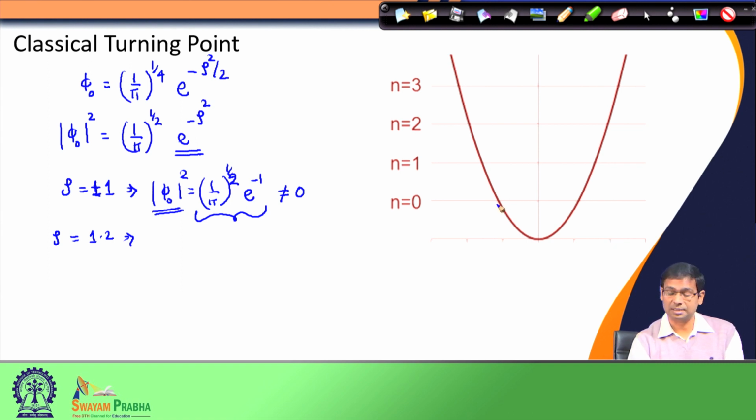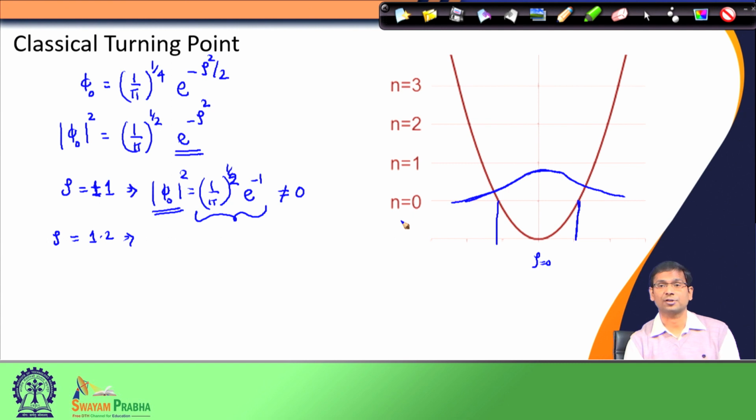So, how does the system achieve this? These are the two turning points. If I plot the wave function or the square of it, it should look something like this. At rho equals 0, the function has a maximum, and then it decays like a Gaussian, a bell shaped function.